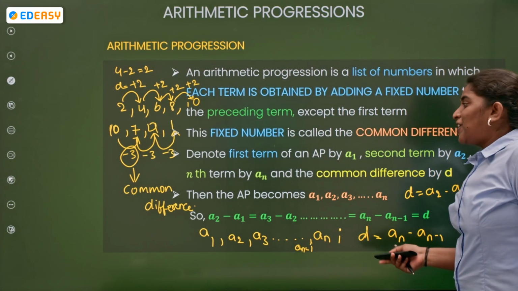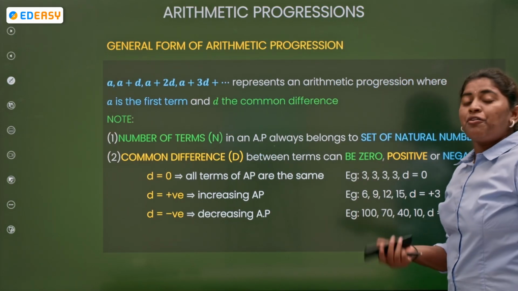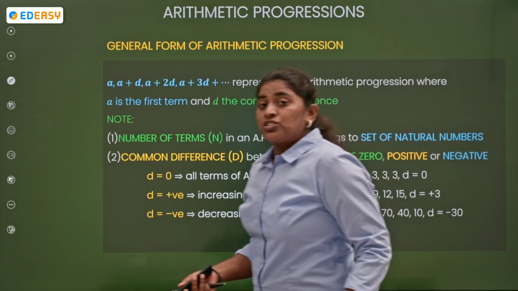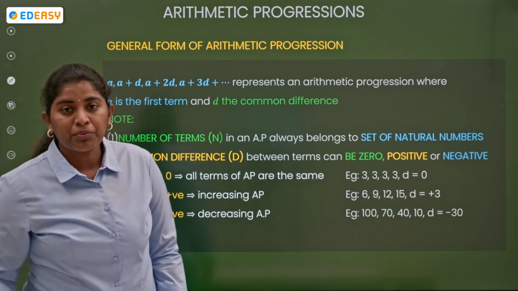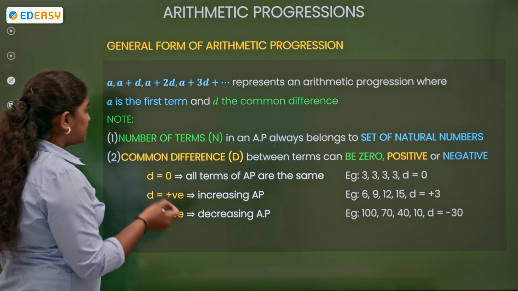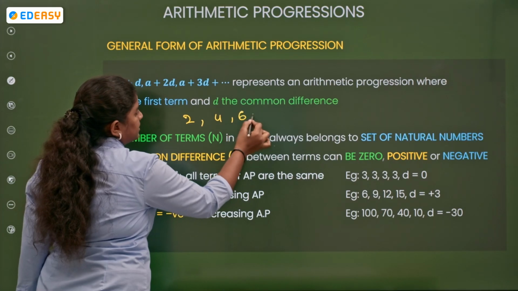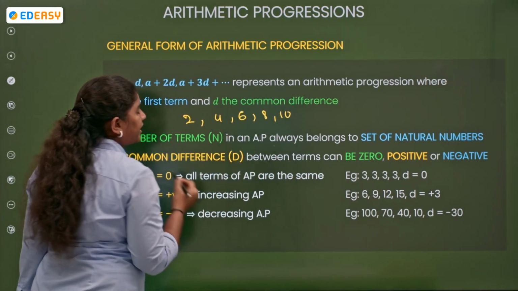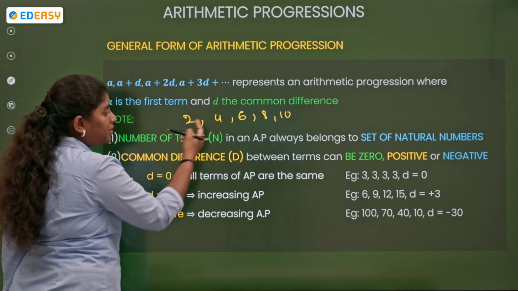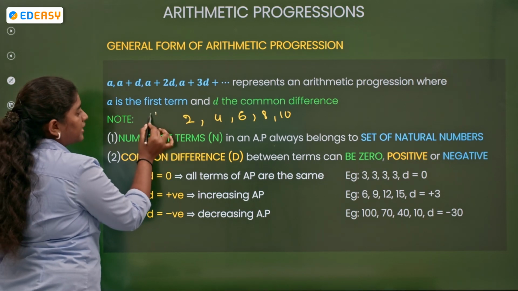Nice. So now moving to the next, general form of an arithmetic progression. So what is the general form of an arithmetic progression? See, if I am having 2, 4, 6, 8 and 10, now how will I be getting it?